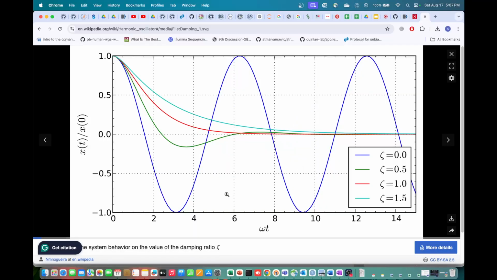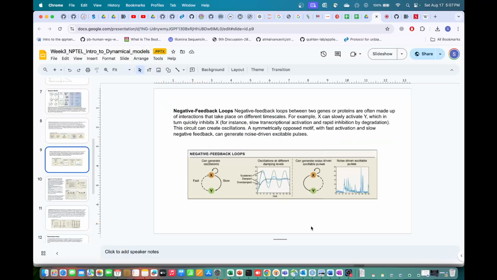The blue one is the original oscillation, but if you have certain damping, the amplitude of the oscillation will reduce, and ultimately you will converge at a steady state where the spring stops bouncing. A similar concept is used here as well.